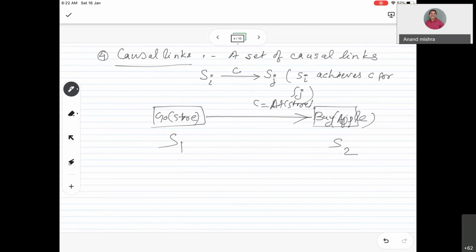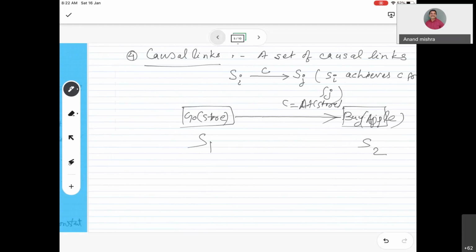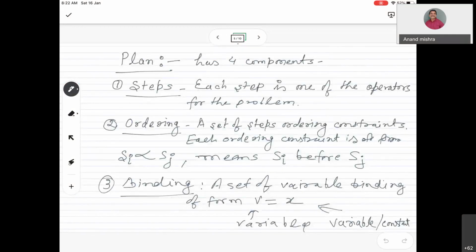So we have now seen that a plan consists of four things. One is a set of steps, which you can think of as operations. Second is a set of ordering constraints, which step has to be executed before which.